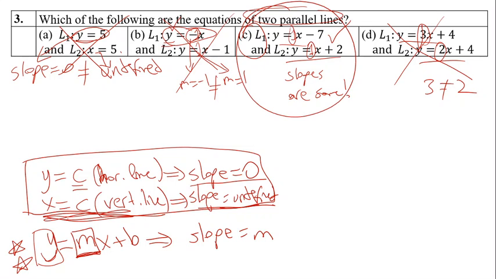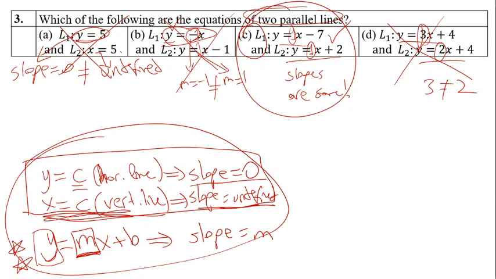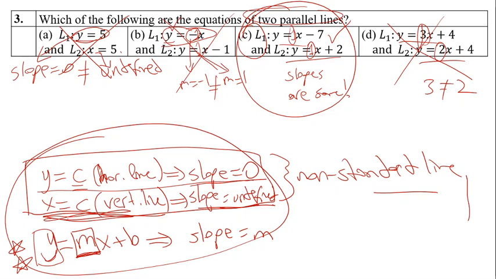So the correct choice is C. This is also important for the non-standard lines. These are non-standard, like this type or this type of lines. These are the vertical and horizontal lines, and this is the standard lines. I mean, they behave like this or like this.